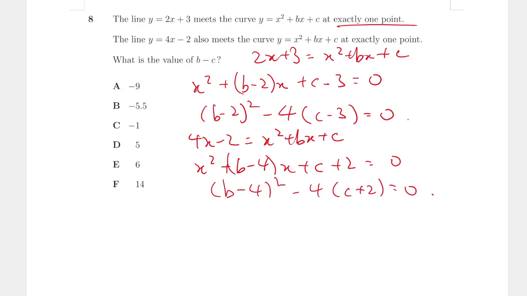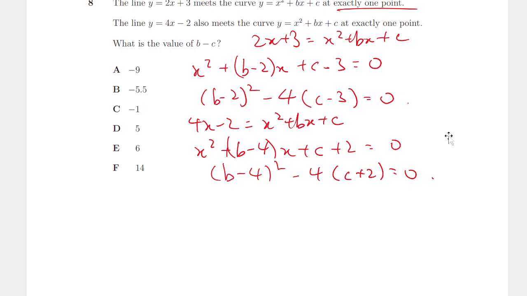Okay, so what would my strategy be to solve this? So I'm going to cancel the c's, because both of them have negative 4c. So if I subtract one equation from the other, then I think that's the best strategy. Okay, so let's do that.